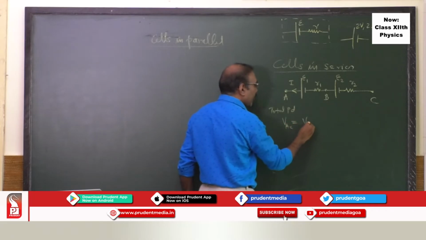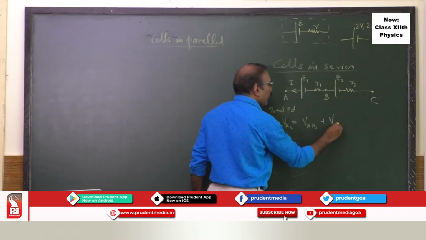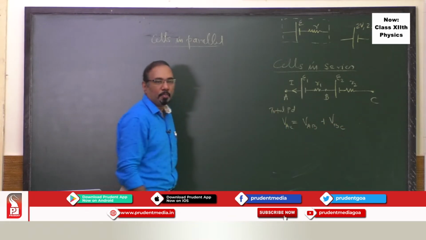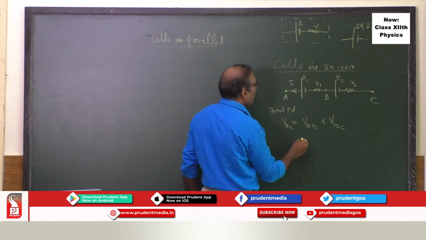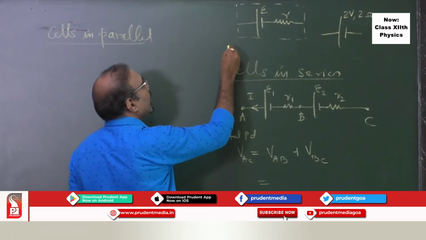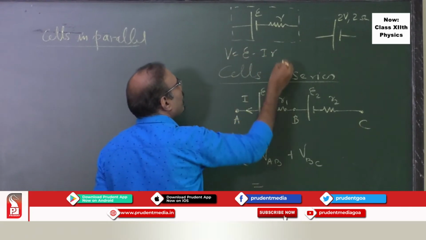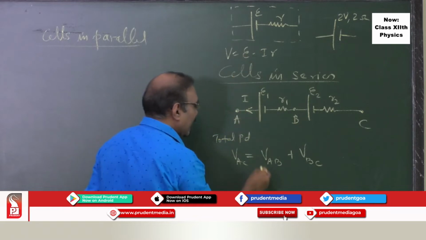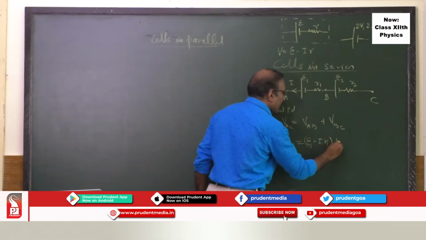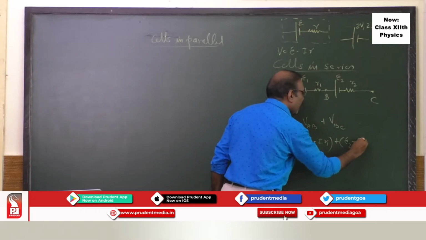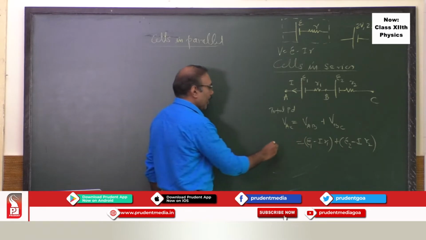The potential difference between A and C is equal to the potential difference between A and B plus the potential difference between B and C. Since the formula we have is V is equal to E minus Ir, we can write this as E1 minus Ir1, and this as E2 minus Ir2. Current is constant because they are in series.